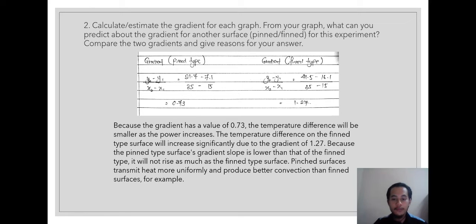The temperature difference on the fin type surface will increase significantly due to the gradient of 1.27. Because the pin type surface's gradient slope is lower than that of the fin type, it will not rise as much as the fin type surface. Fin surfaces transmit heat more uniformly and produce better convection than pin surfaces, for example.